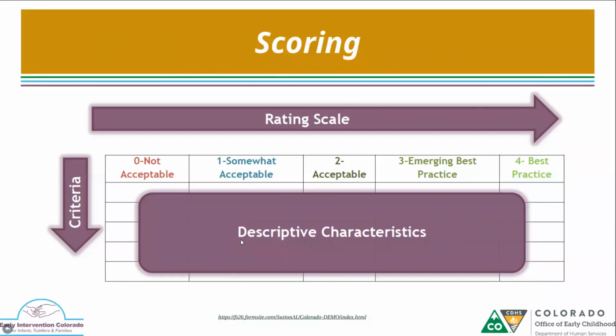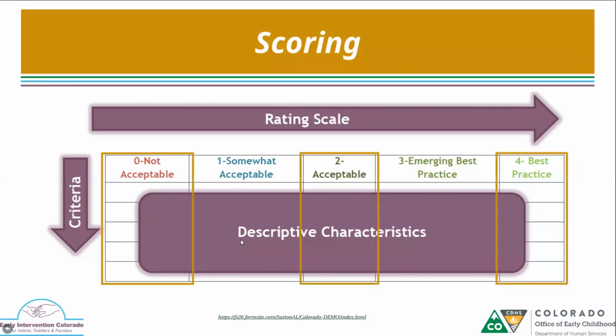And I know we briefly talked about scoring during the QIO intro on the Community of Practice call, but I wanted to visit the rating scale again because I know some of you are on that call. And I think it will help make sense of the tool when we dive into the demo. So the QIO tool itself only provides descriptions for 0, not acceptable, 2, acceptable, and 4, best practice.